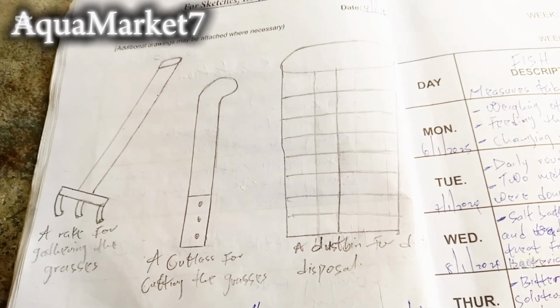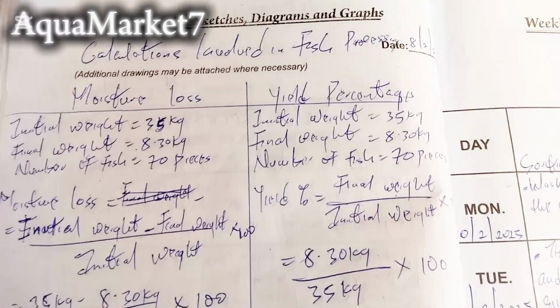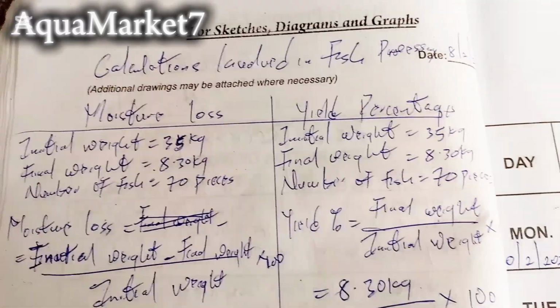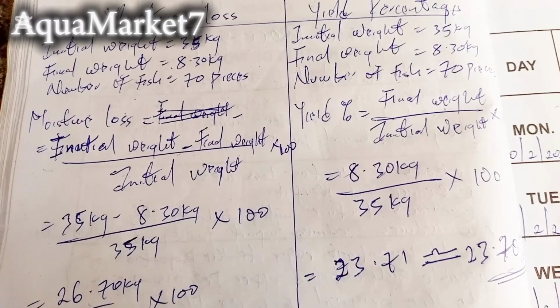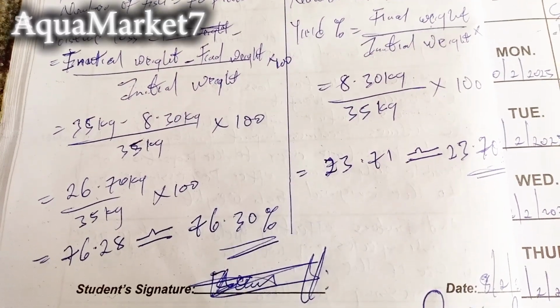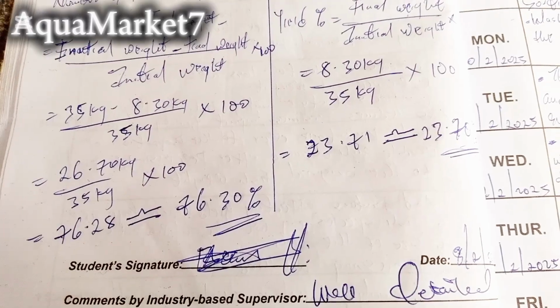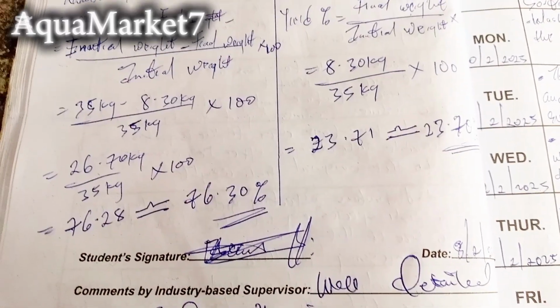For example, as a student doing IT in a fish processing farm, calculations such as moisture loss and yield percentage can be done in the blank space of your IT report.